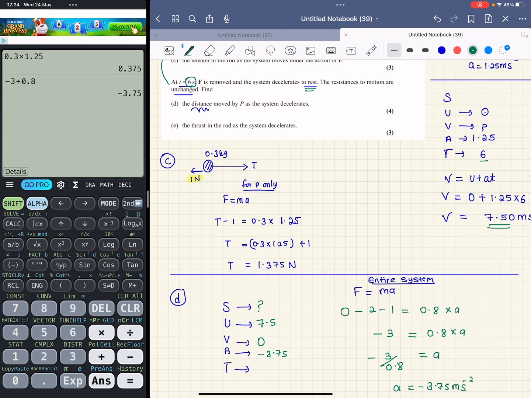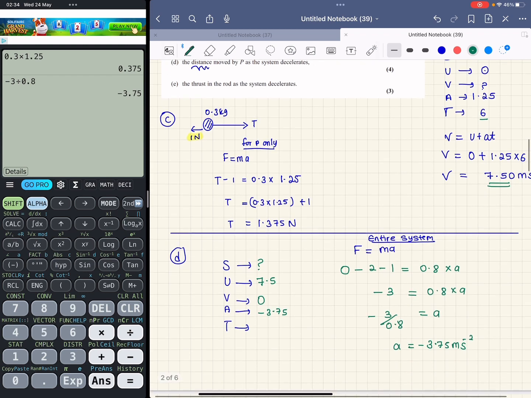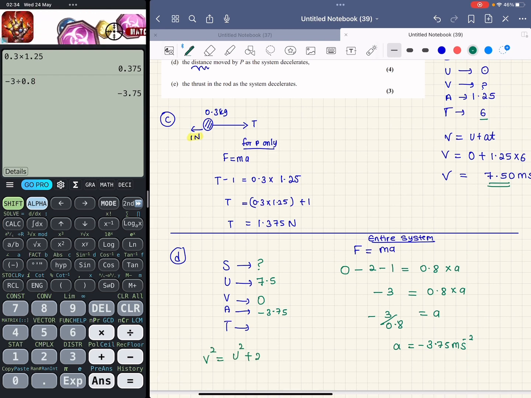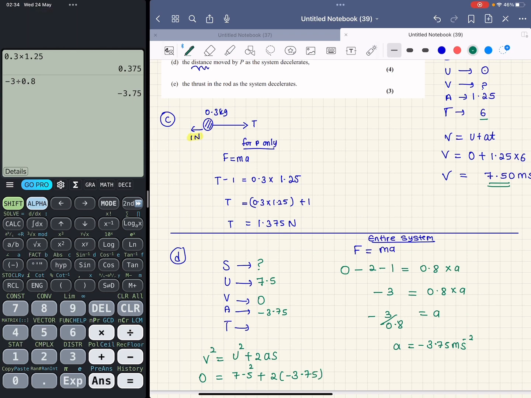And the question is displacement, or the distance moved, by P. So SUVAT, which is v squared equals u squared plus 2as. And v squared is 0, u squared is 7.5 squared, plus 2 times a is minus 3.75, and then s is the question.